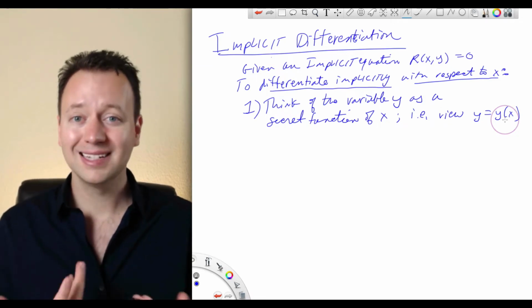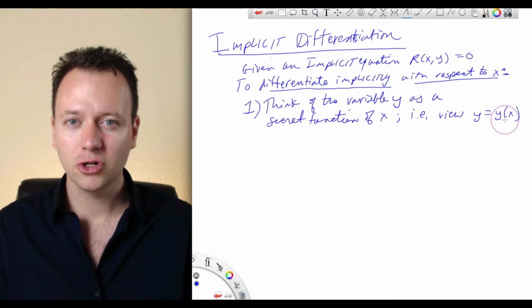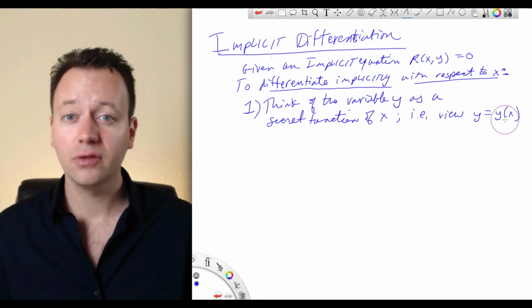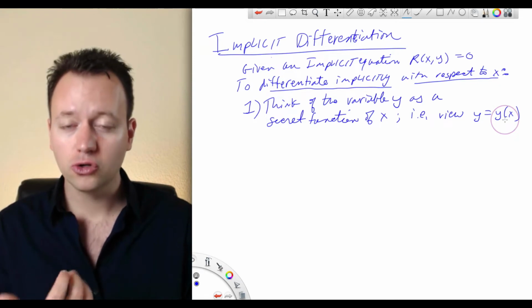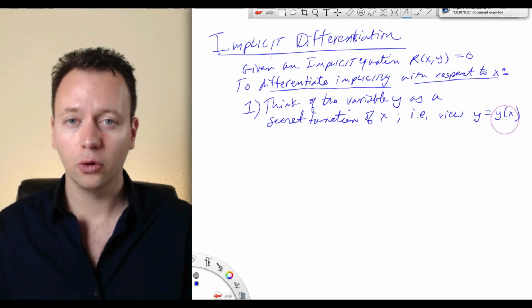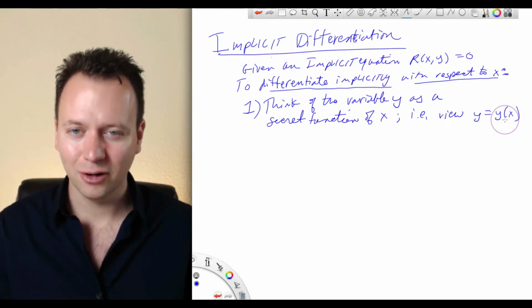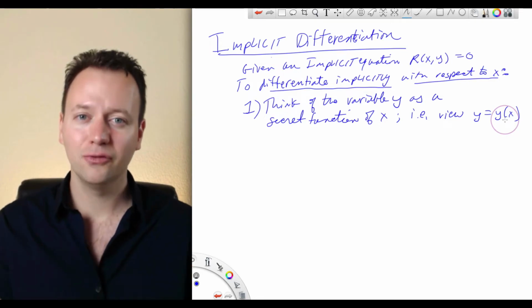Now, we previously discussed how with these implicit equations, y is not truly a function of x because the graph of the equations usually does not satisfy the vertical line test. Nevertheless, we use what mathematicians call implicit functions. So we think of y as an implicit function of x.